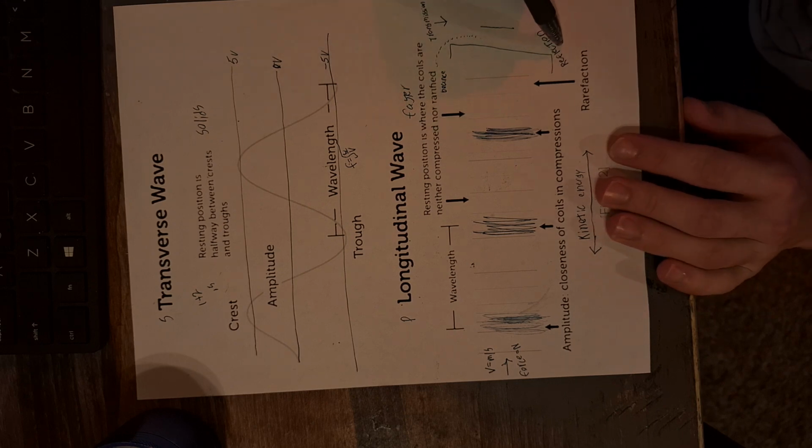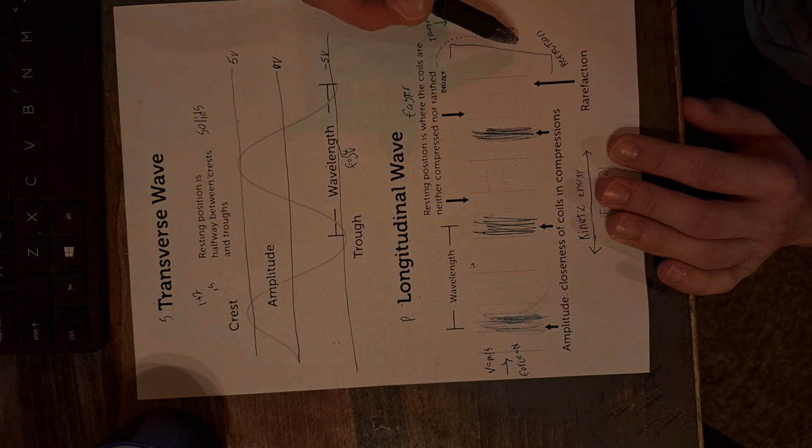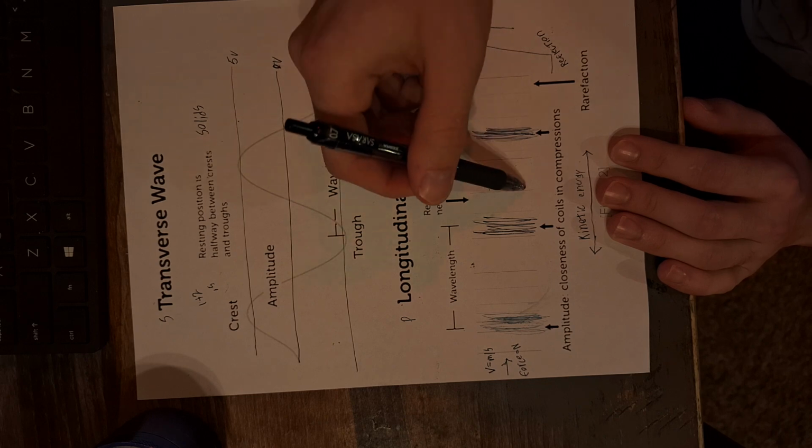And we had a reflection at the start when we had our first wave come in, but we also have a reflection when every subsequent wave comes in. So we can get standing waves in here.